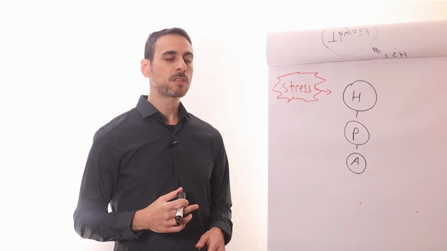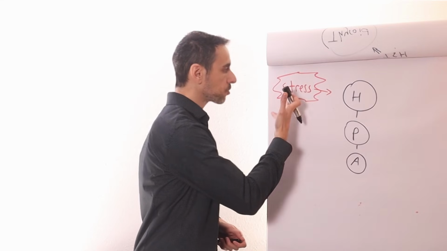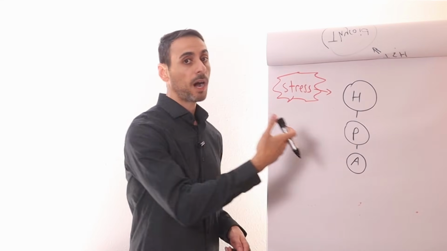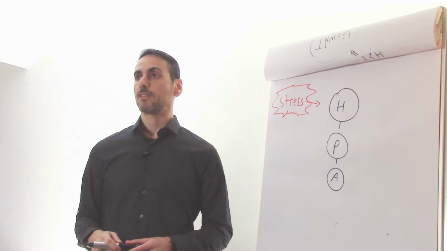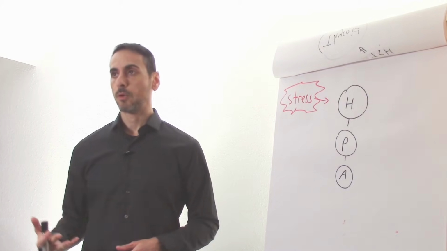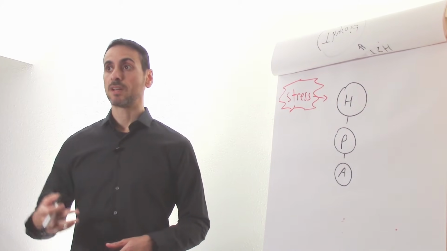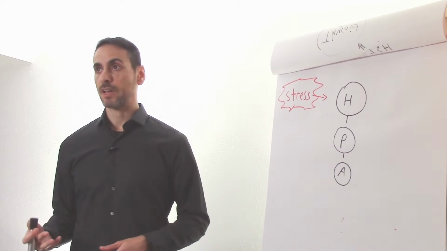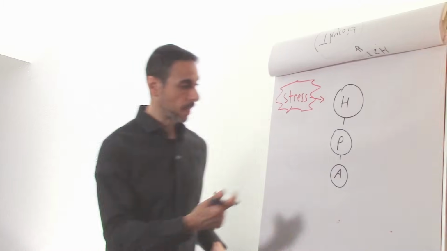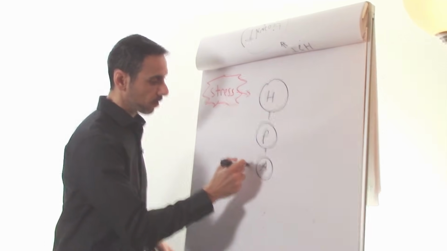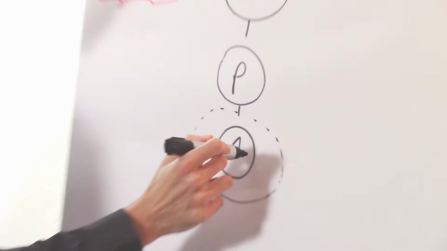So let's talk about mechanism number one on how stress leads to high blood pressure. The first one is very simple. This is the secretion of epinephrine or norepinephrine from the adrenal medulla. So let's say this is the outer layer of the adrenal and this is the adrenal medulla.